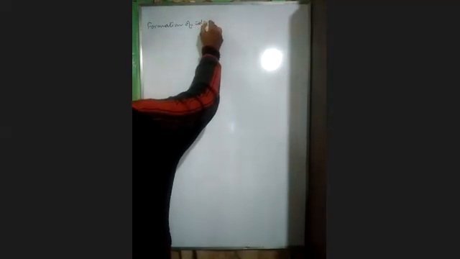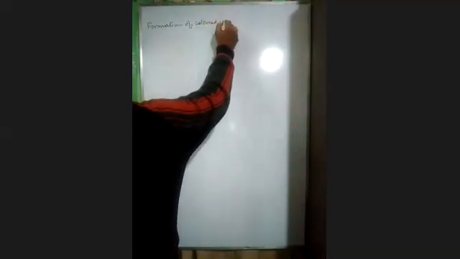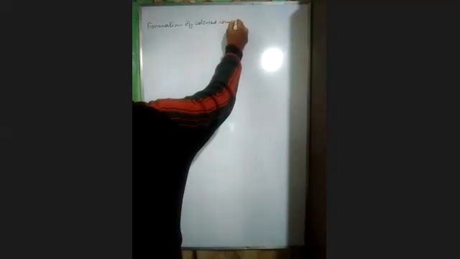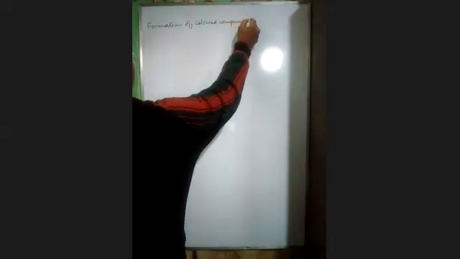Okay. So now, formation of colored compounds. See, most of the transition metal compounds are colored.